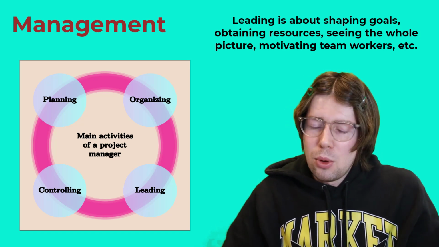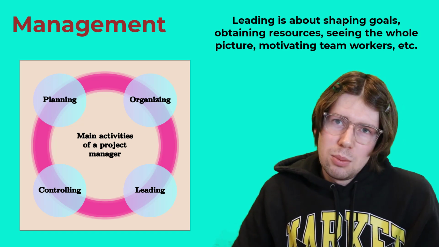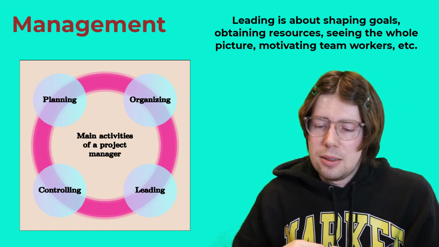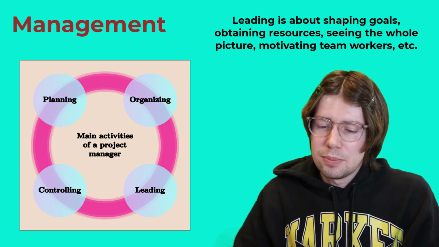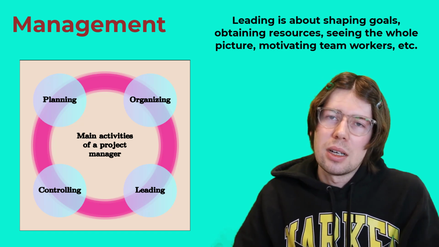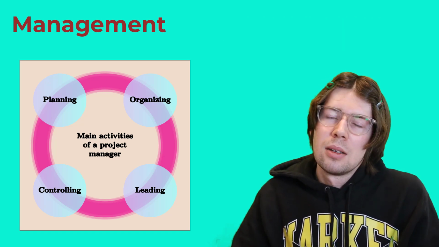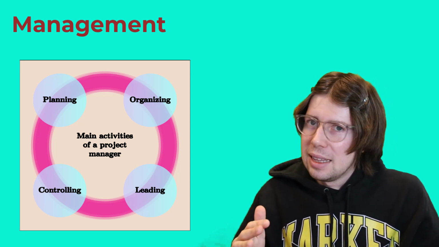You're doing both things. But leadership, if you're going to simplify here, has to do with motivating the people involved in the project. So those were the four main categories of managing projects: planning, controlling, organizing, and leading.